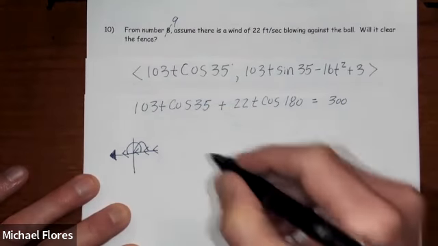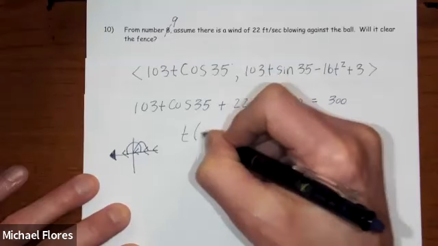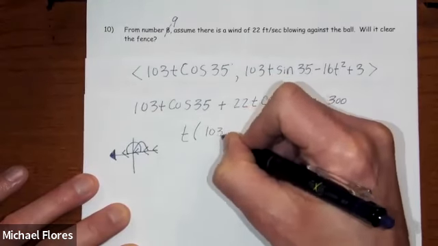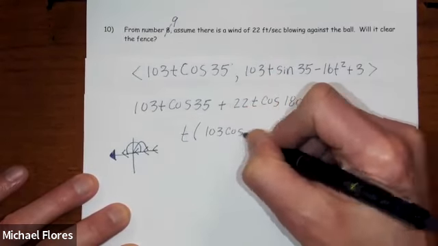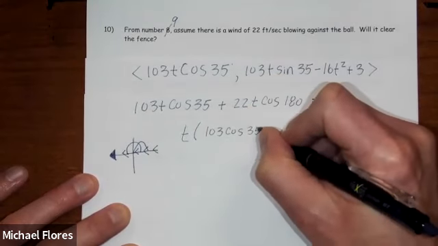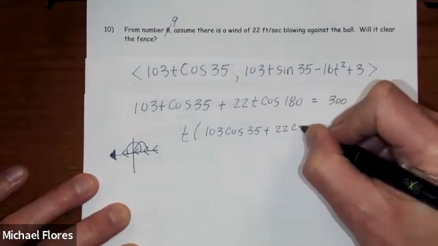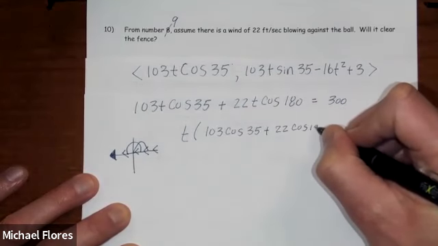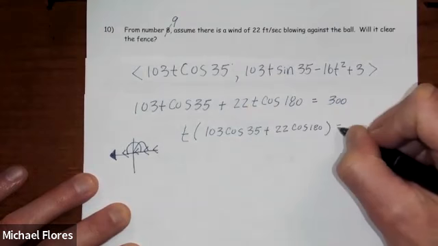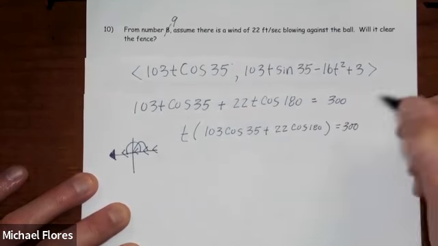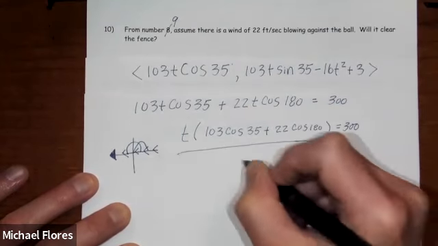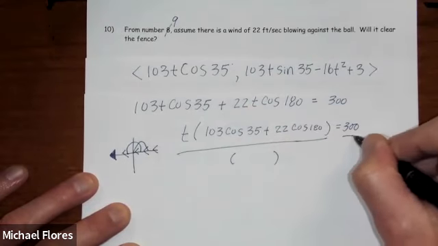Okay, so now in order to solve, we're going to factor out a t, leaving us with 103 cosine 35 plus 22 cosine 180. Set that equal to 300. And simply divide both sides by what you have in parentheses there.